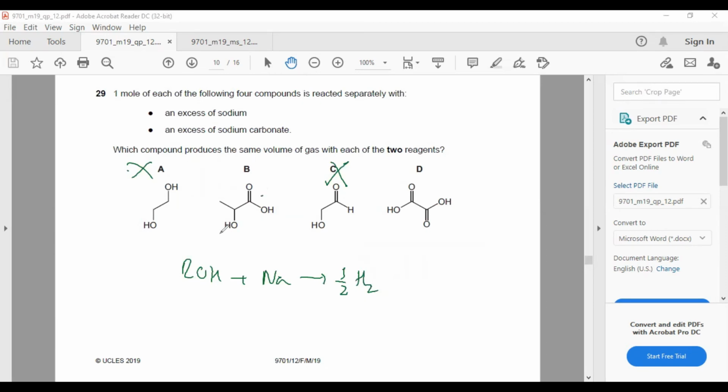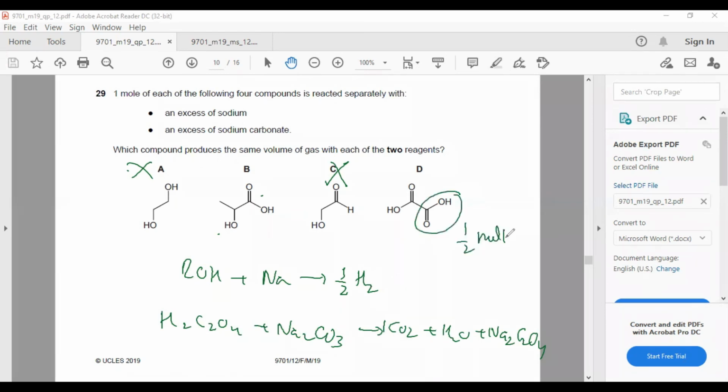So half mole here, 1 mole. And if I say this compound H2C2O4 gives carbon dioxide, water plus sodium salt, 1 mole carbon dioxide. So from here you form half mole hydrogen. Here you form half mole hydrogen, 1 mole hydrogen, and it forms 1 mole carbon dioxide. So D is the answer.